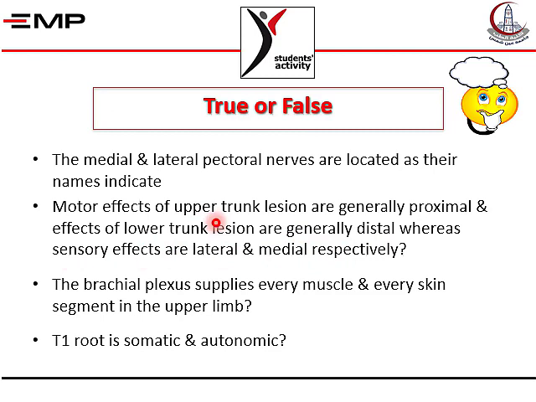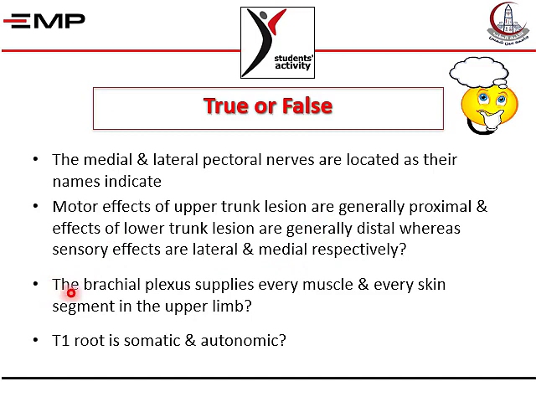Lower trunk supplies intrinsic hand muscles, which are distal. So the motor part of the statement is correct. Regarding the sensory effects, the upper trunk has dermatomes C5 and 6, which are located laterally. The lower trunk has dermatomes C8, T1, which are medial. So the whole statement is correct.